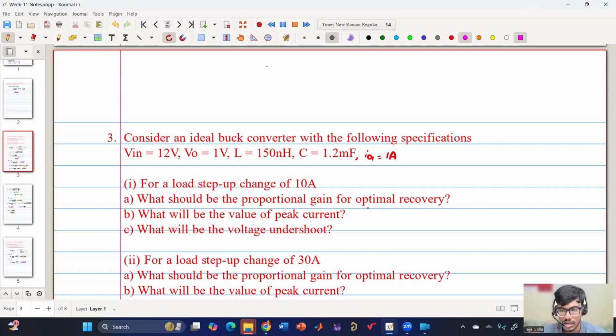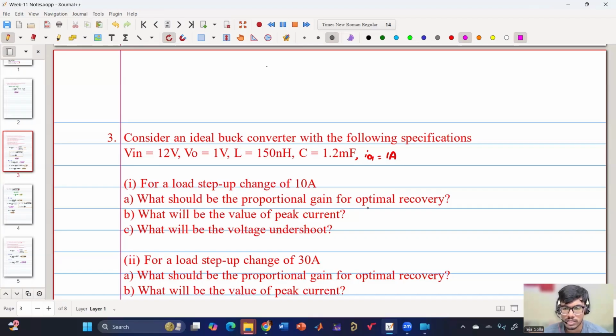For the large signal model, we have used trajectory based tuning. For that, we need to understand what a trajectory is, how to draw it, and how to get it, which we learned in a dedicated week. And in the last week, we learned about controller design using large signal tuning and how to get the PID or PI gains in order to get the optimal response.